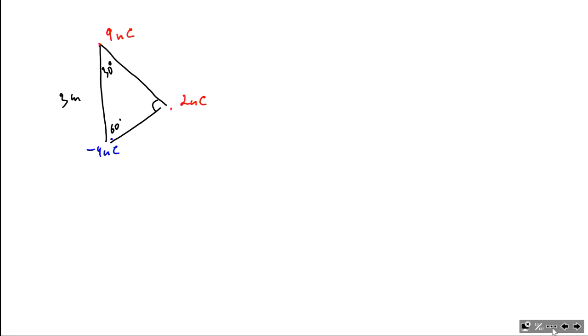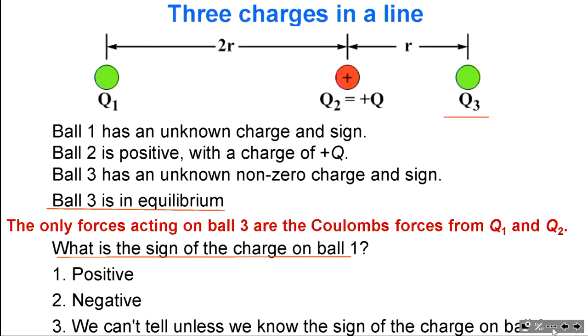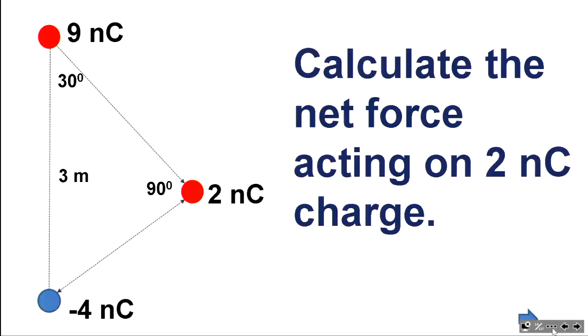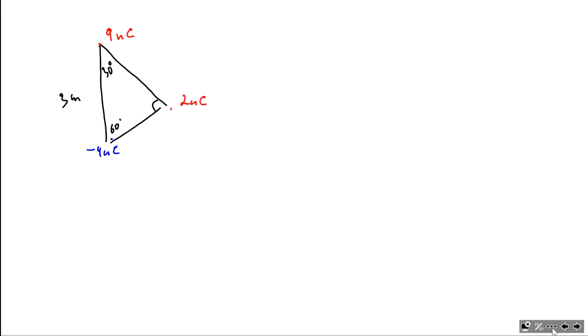Now we have to start drawing the free body diagram for the charge on the right. Yeah, it says calculate net force acting on that charge. So that charge on the right experiences two forces, so we have to draw each. Well, the charge on the right is being repelled by the positive charge, away from the positive charge.